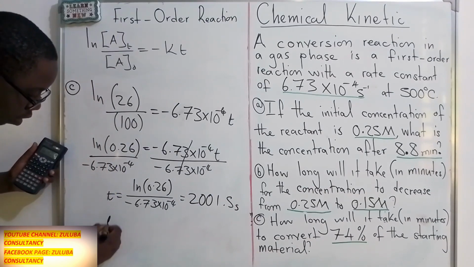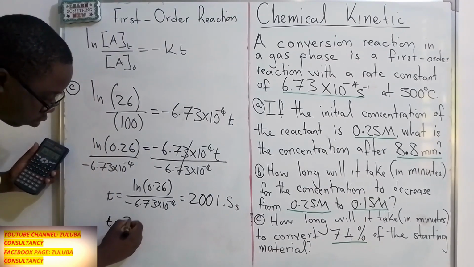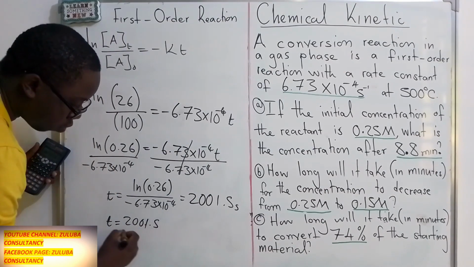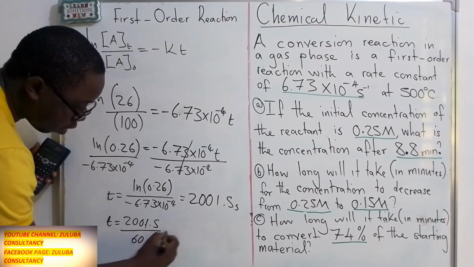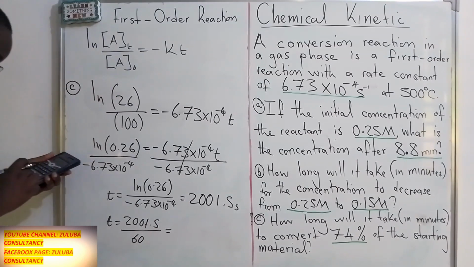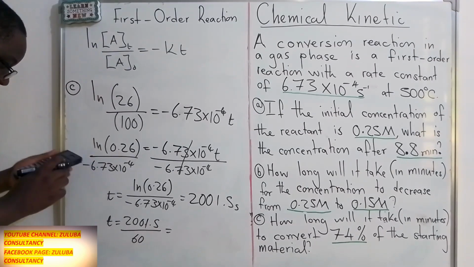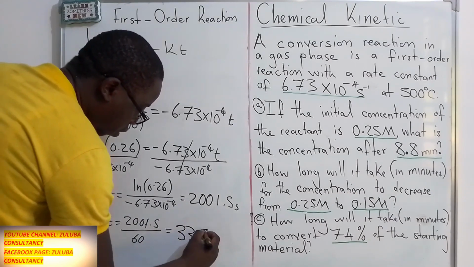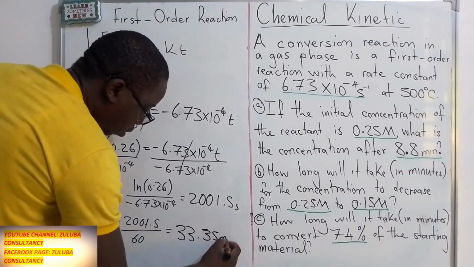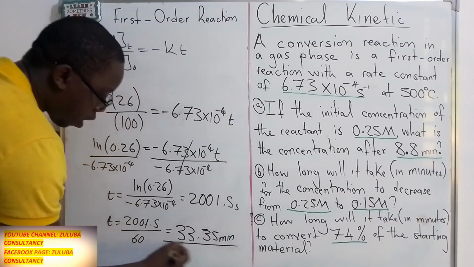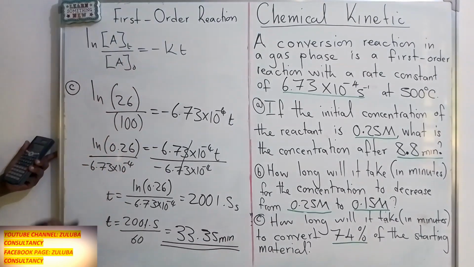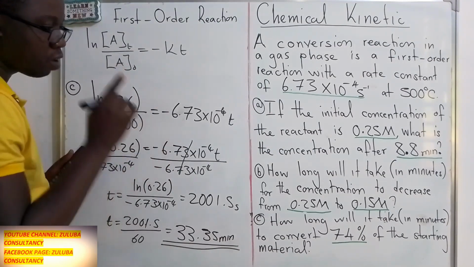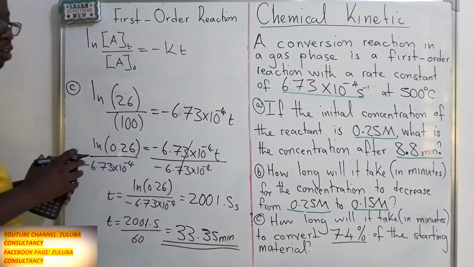So remember, the question is asking us to put that in minutes, so we'll divide this by 60, and when you divide by 60, it is giving us about 33.35 minutes. So this becomes the minutes that is needed for us to use up 74% of the starting material.